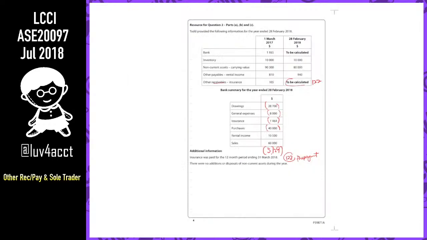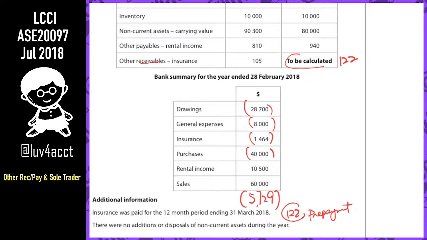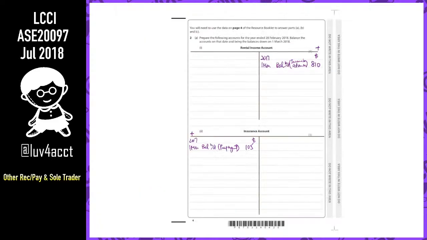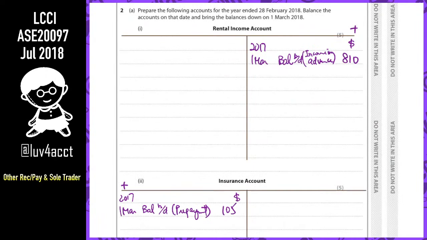For rental income, we receive 10500, and then closing other payables 940. So receipts 10500, this is from the bank. Year 2018, 28th of February.